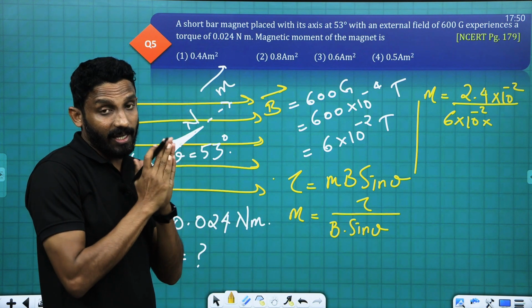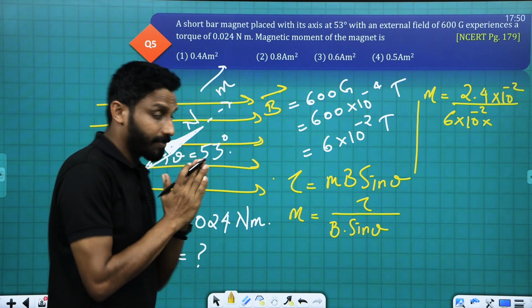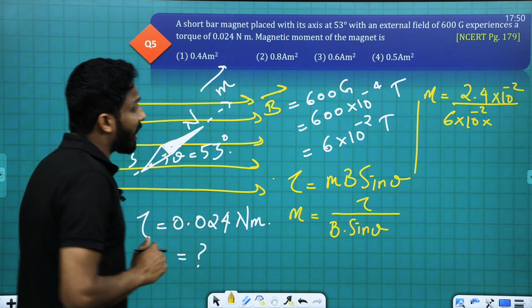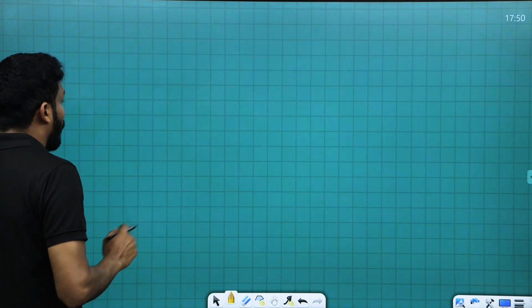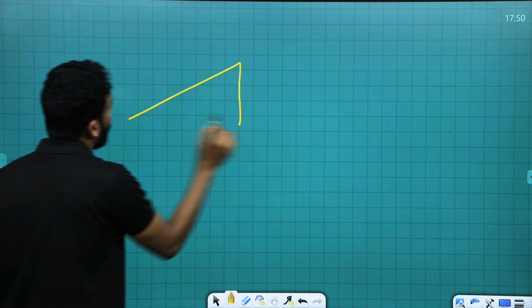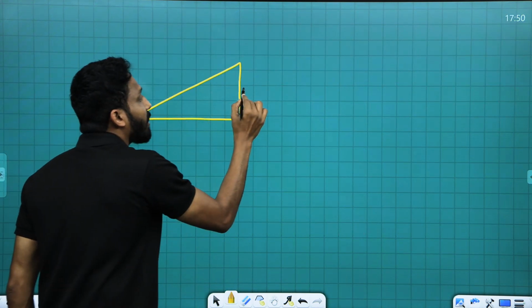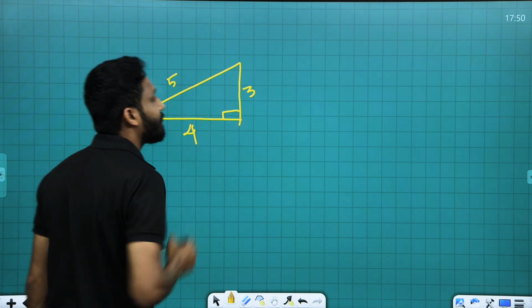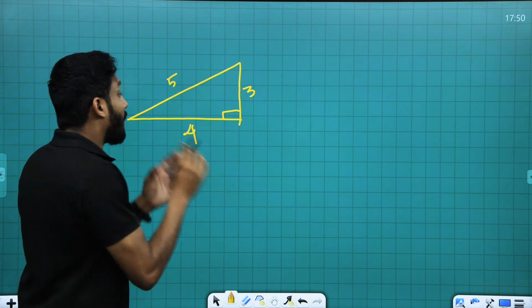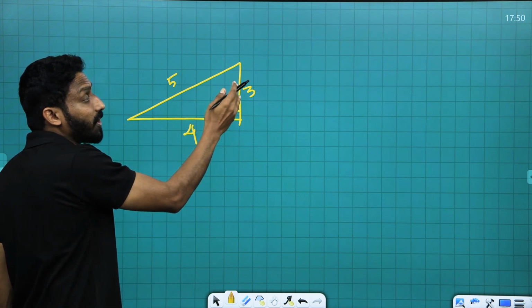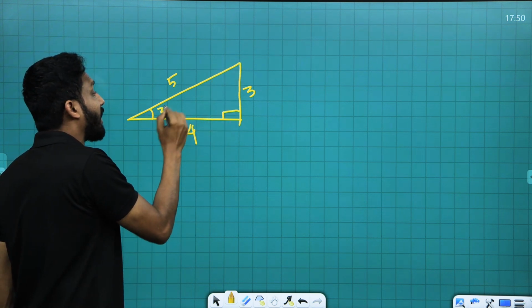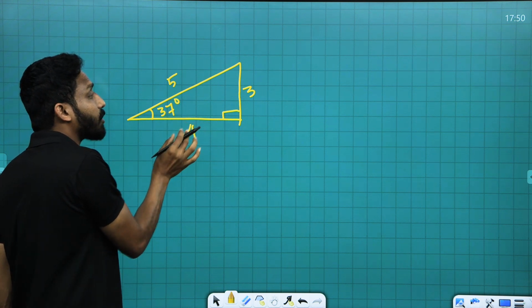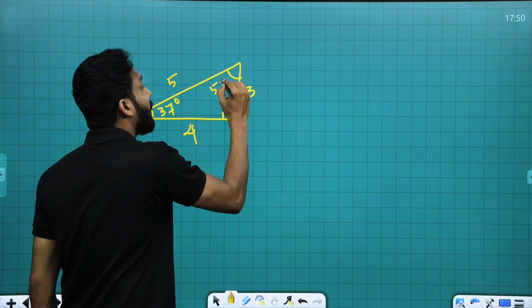How much is sin 53 degree? 4 by 5, right? Look into this triangle, whose sides are 3, 4, 5, a right angle triangle. The angle opposite to 3 is 37 degree. The angle opposite to 4 is 53 degree.